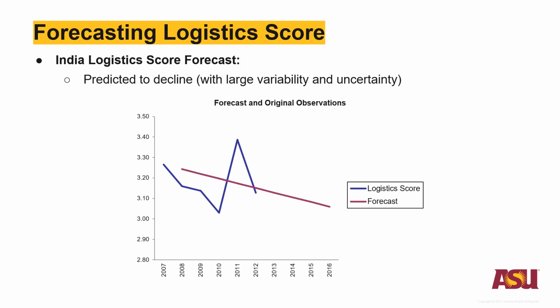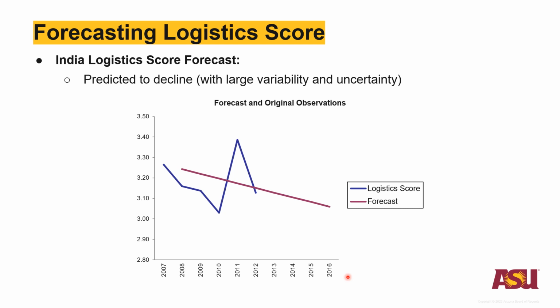Here we have our forecast for our logistics score in India, and one thing that we should note here is that our raw data is not from 2007 to 2012. It's actually 2007, 2010, 2012, 2014, 2016, and 2018. The only reason they're set up this way at the bottom is because we had to select annual periods going up by one.